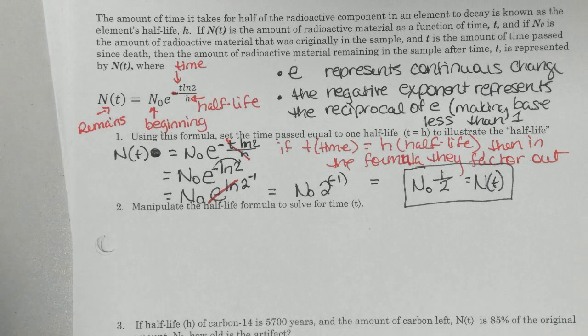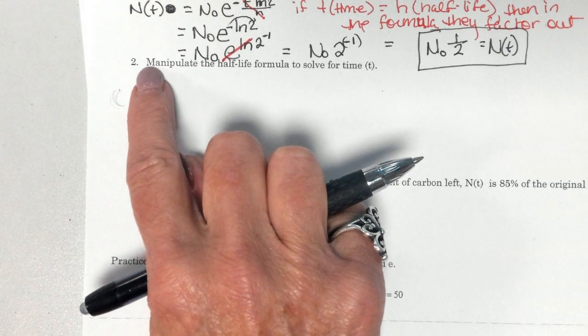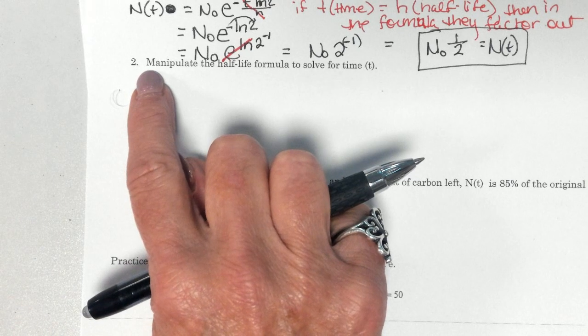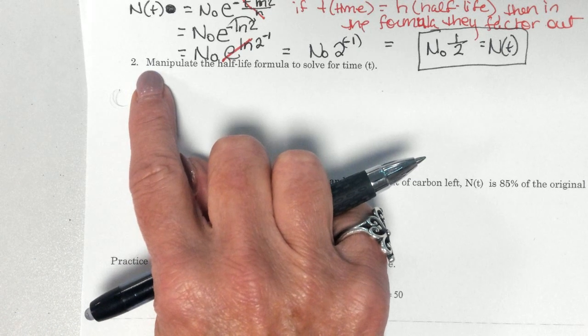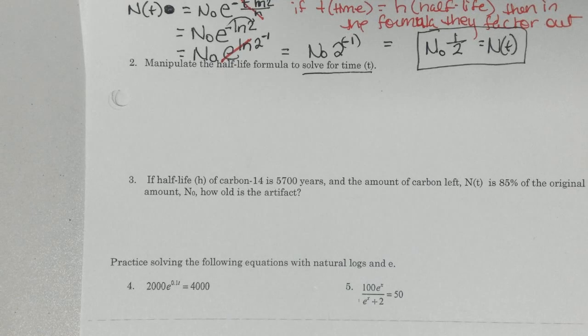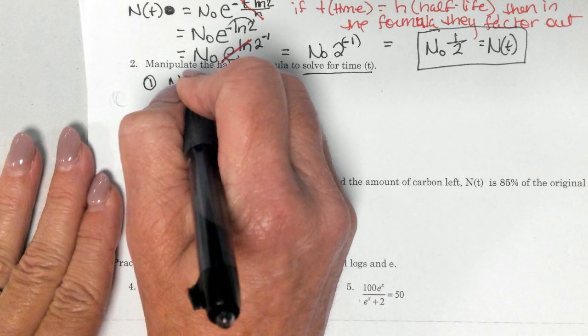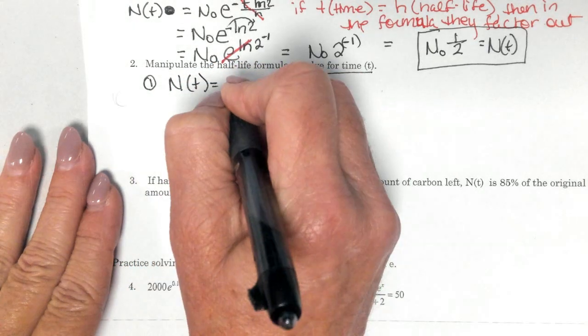So we're going to have to manipulate this formula to get that out of there. In order to do that, we're going to start with practice manipulating the formula for time. So we're going to solve our formula for time. To start off with, let's go ahead and write our formula down.